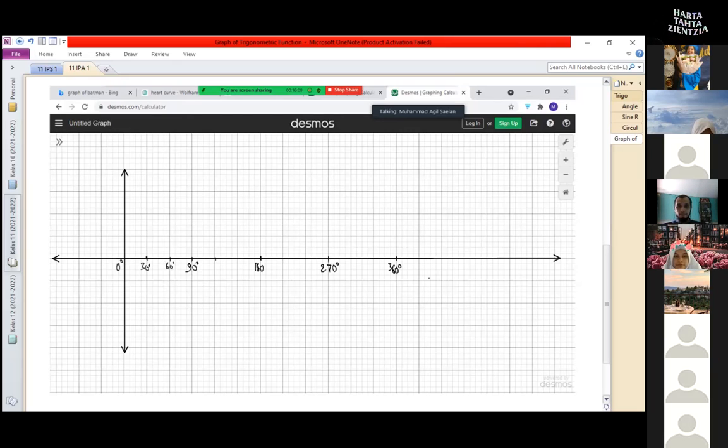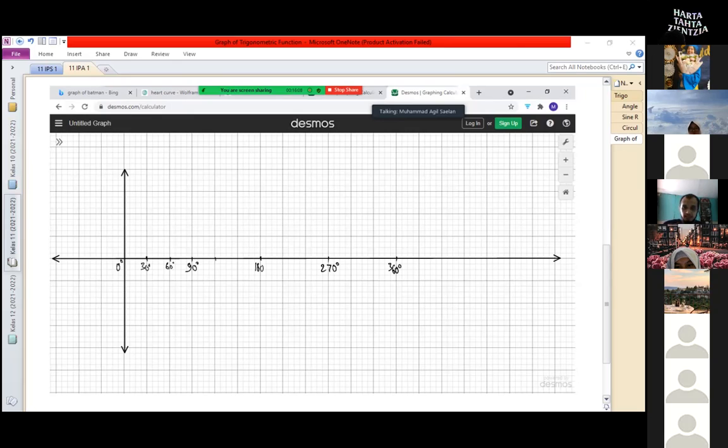And yeah, we'll plot the points here. Okay, so we'll use the points that you have from last exercise. I mean the exercise related angle.